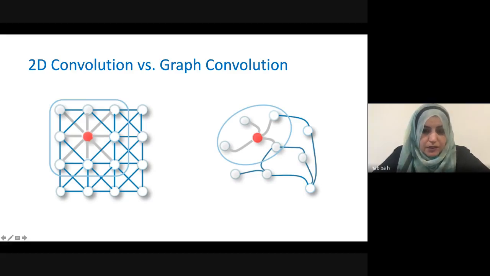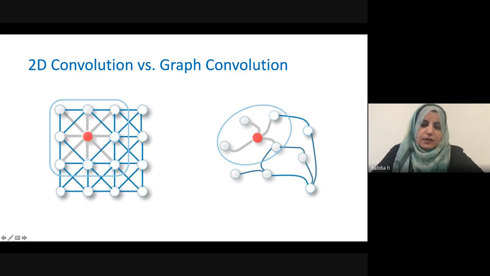Graphs, on the other hand, are what we call permutation invariant. You can reorder the nodes in the graph in any way, and it will still retain the same structure because it contains the same connectivity. You can draw it in any other way, and it would still mean the same. So you don't have a natural ordering in a graph.